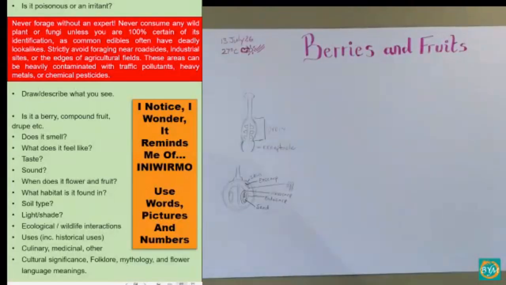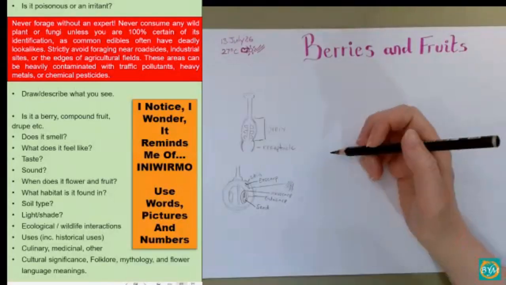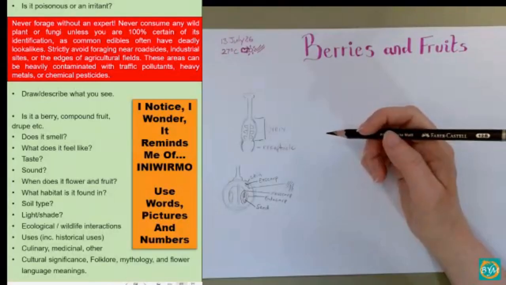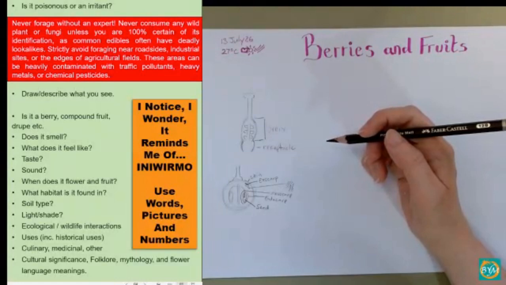What we can look at is then a list of questions underneath. So is it, do you know, is it a berry or is it some other kind of fruit? If you don't know, don't worry. Does it smell?